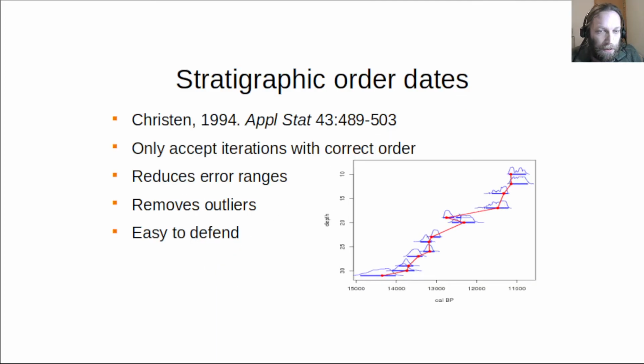Another thing that Bayesian age-depth models often do is only going forward in time to disallow any age reversals. And that's a very useful thing to do, and it's very easy to defend. By doing that, it removes outlying dates, and it also gets some really good and precise models. So it's a really good thing to do.